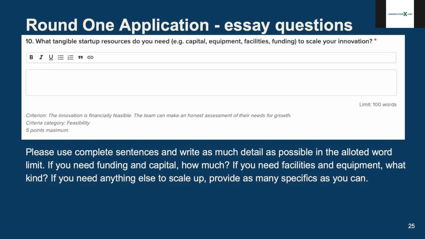If you need any other types of resources in order to scale, just be as specific as you can. Again, this helps the reviewers understand the feasibility of your innovation, but it also shows the types of resources and assistance that might be provided through this competition.